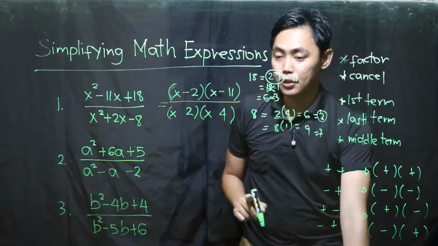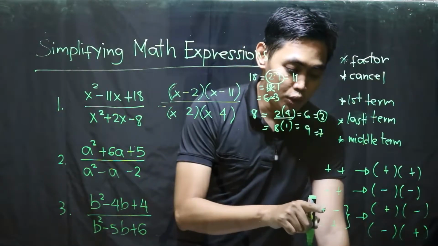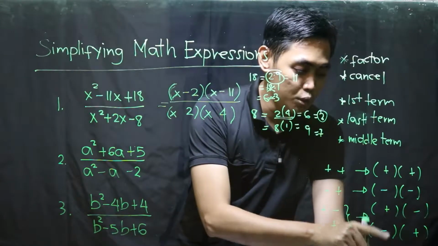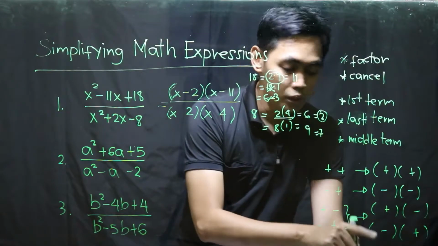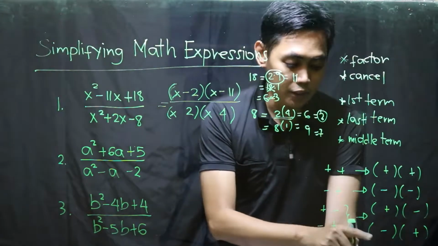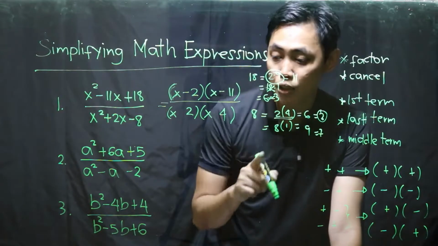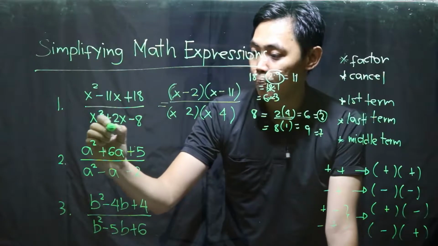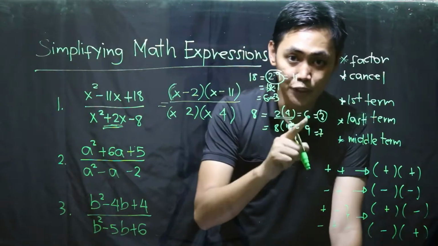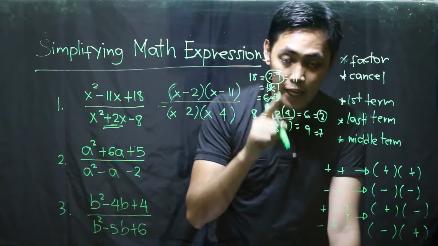The next step that you will need to do is the sign. So we have plus and minus, and we will choose either of these two. So what is the best sign? Plus minus, or minus plus? It depends on the middle term. We have here positive 2x, so our answer must be positive.